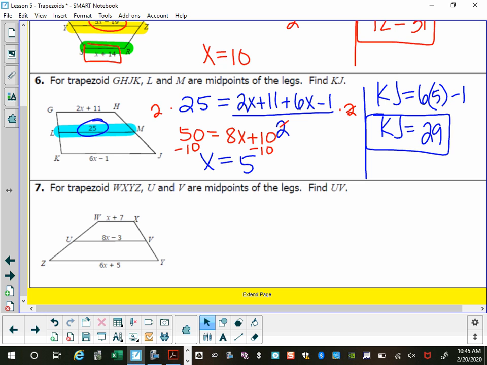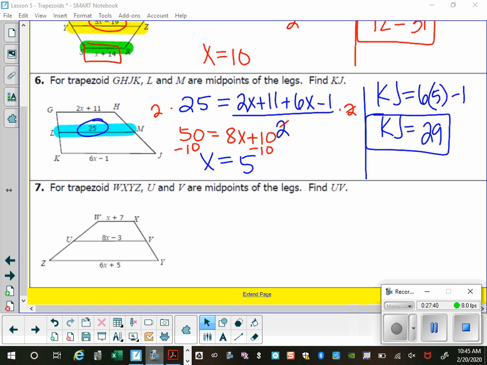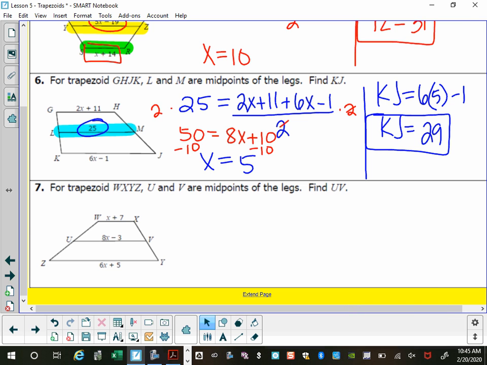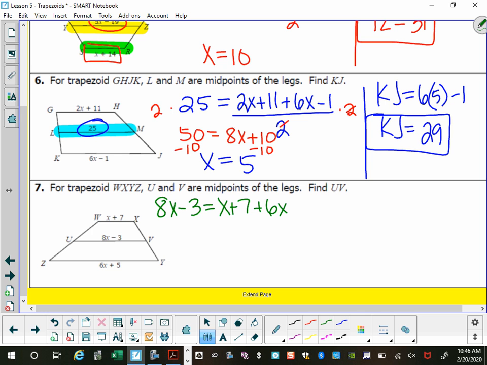I want you guys to do number 7 on your own. All right, I'm going to write my answers on the board. So 8x minus 3 is equal to x plus 7 plus 6x plus 5, and that is divided by 2. Did you guys get x was 2?